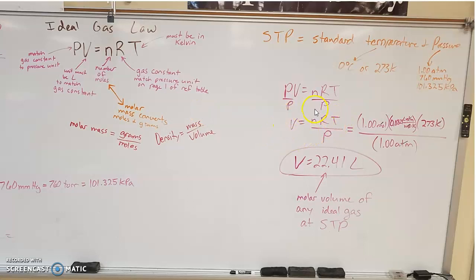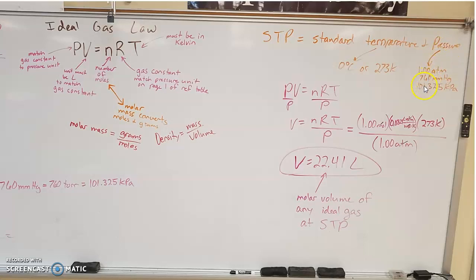Now, I gave an example over here. Oh, one more thing. So standard temperature and pressure is referred to sometimes. And that standard temperature is 0 degrees Celsius or 273 Kelvin because that's the temperature of an ice-water mixture. So it's very easy to create in a lab setting. And then standard pressure is just 1 atmosphere.